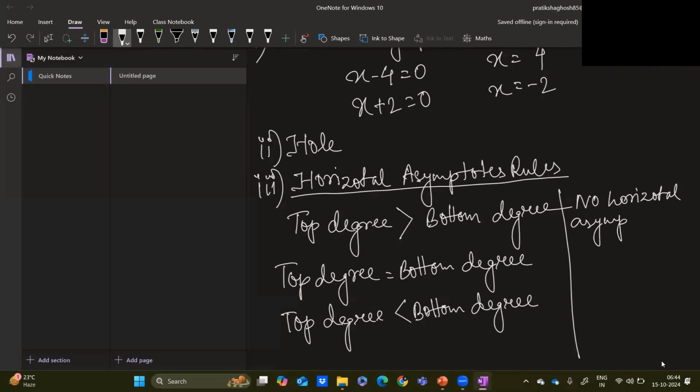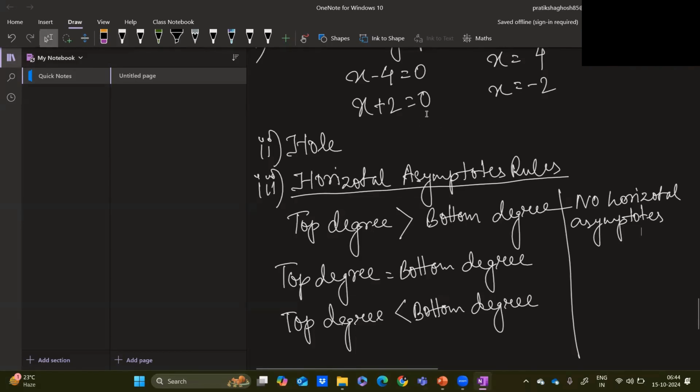If there is no horizontal asymptote, what will we check for? What happens to x when it approaches positive or negative infinity? We will check for the slant ones. There are slant asymptotes as well.